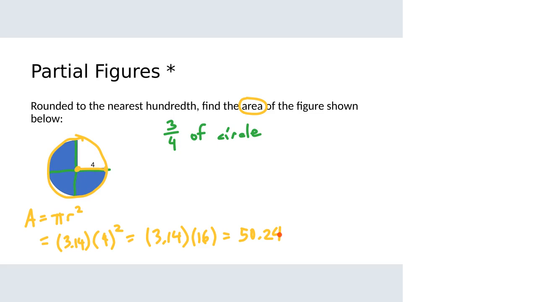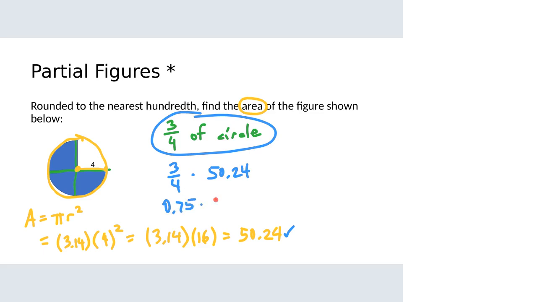But I don't have an entire circle. Instead, what I have here is 3/4 of a circle. So what I'm going to do then is find 3/4 of this area down here. That'll be the area of the figure I was given. So 3/4 of is a word that lets us know to multiply 50.24. And 3/4, you can just do 3 divided by 4, get 0.75, that will multiply by 50.24.